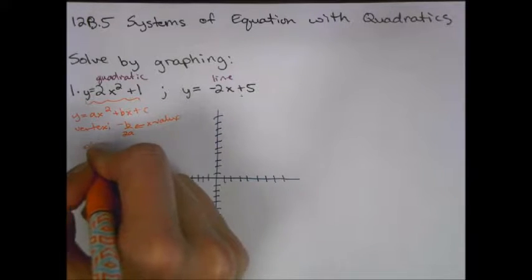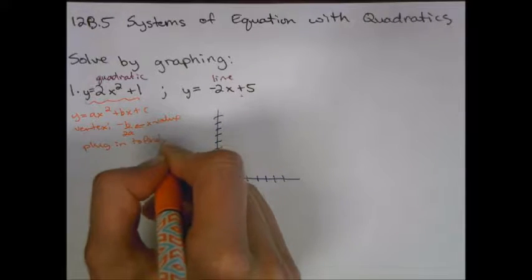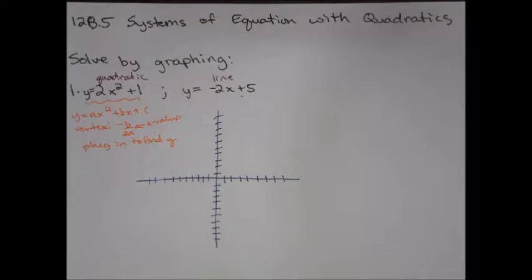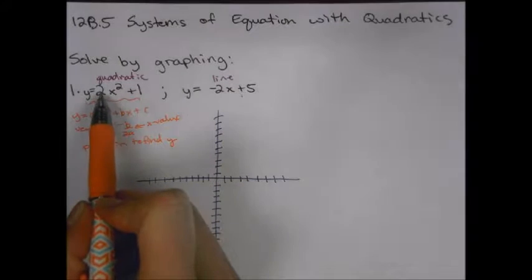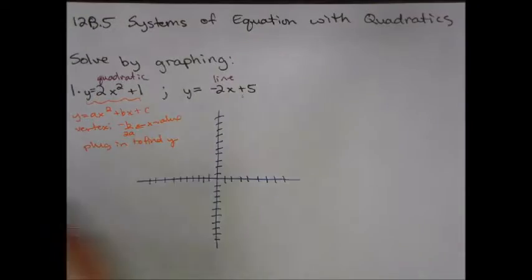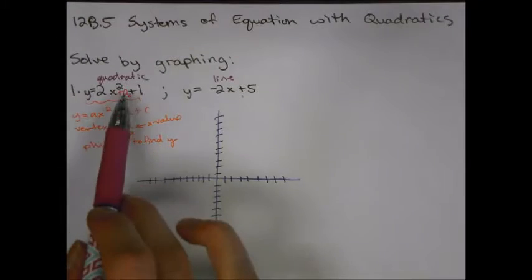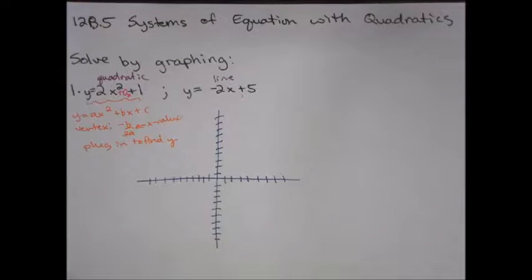And then we plug it in to find our y. So I notice 2x squared plus 1, 2 is my a, 1 is my c. So I have a plus 0x in here. So my b is 0, my a is 2.